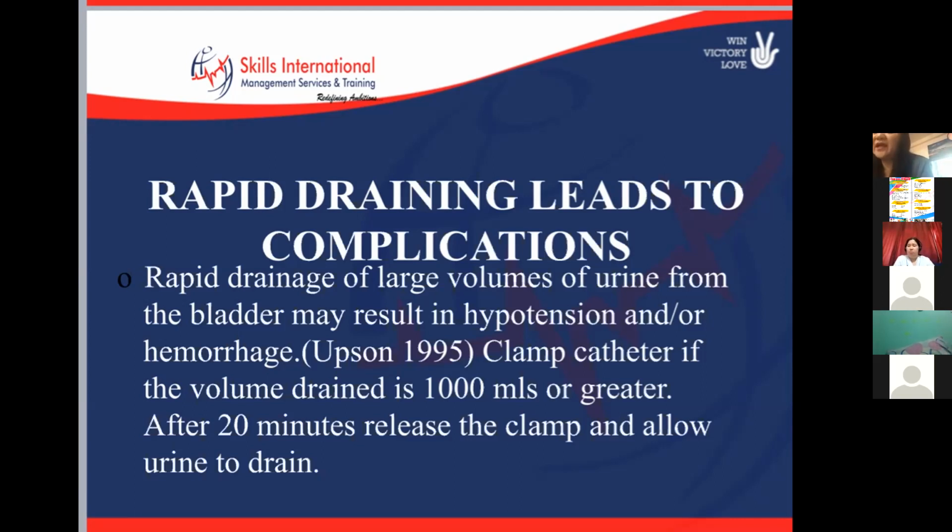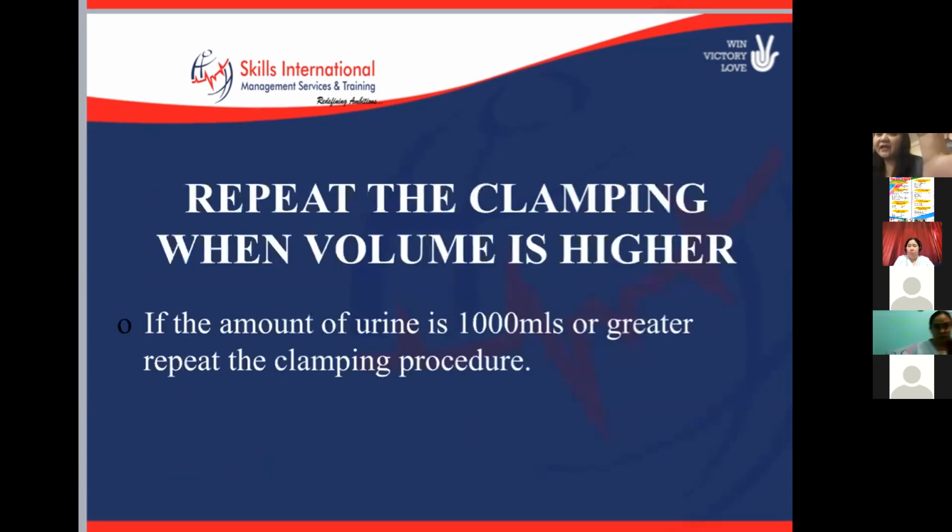So we are putting a clamp there. After 20 minutes, we release the clamp and allow the urine to drain. Repeat the clamping when the volume is higher. So if the amount of urine is 1,000 ml or greater, you have to repeat the clamping procedure again.